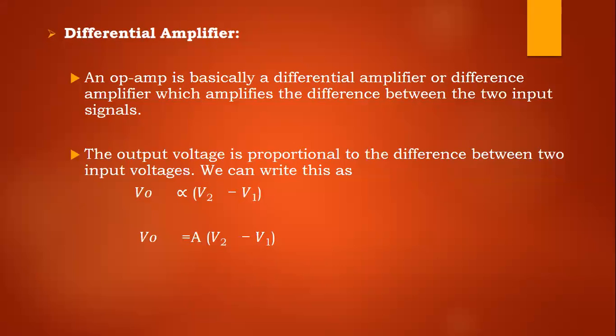Here A is the open loop gain, that is, there is no feedback from the output to the input side. The op-amp is a very high gain amplifier. The value of gain is in the range of 10^5 to 10^6.